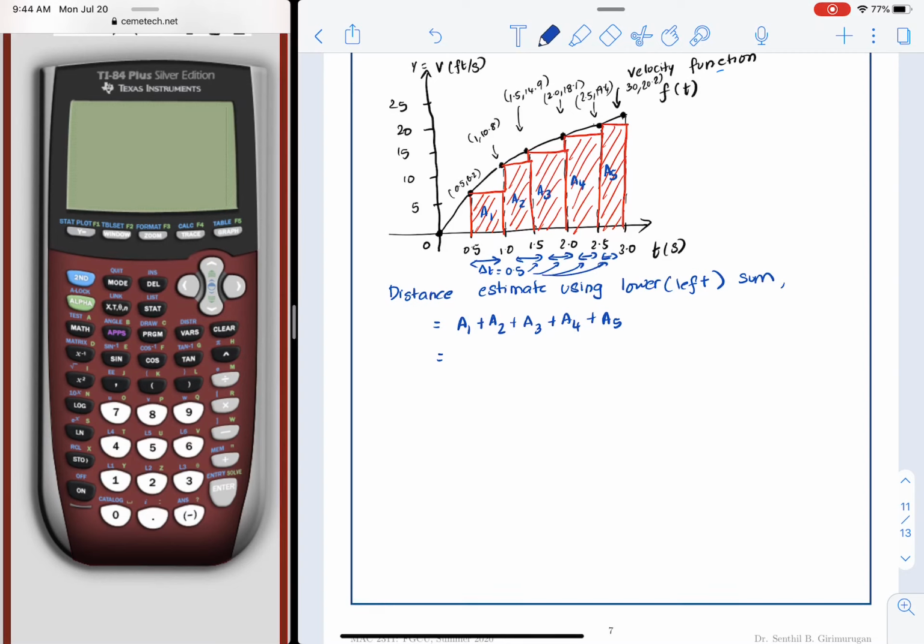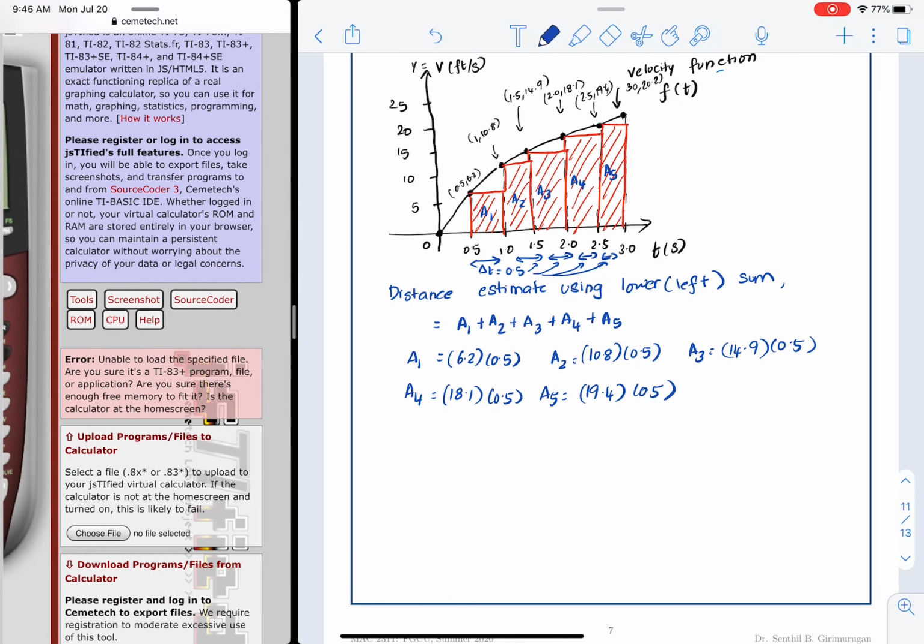So the area of the first rectangle, the height is 6.2 times 0.5. That's A1. A2 is the height of the second point, 10.8 times 0.5. A3 is 14.9 times 0.5. A4 is 18.1 times 0.5. And A5 is simply 19.4 times 0.5.